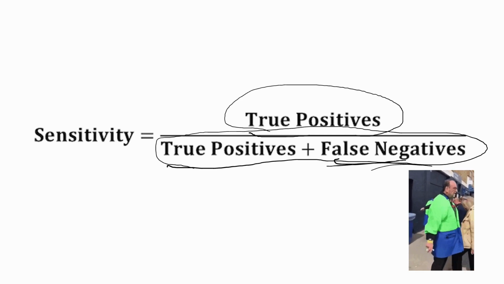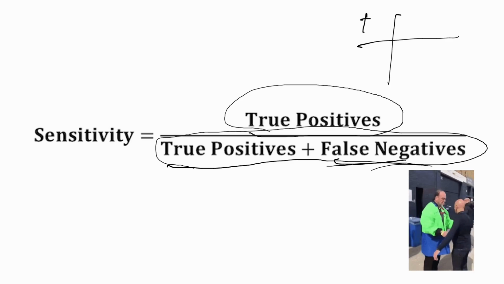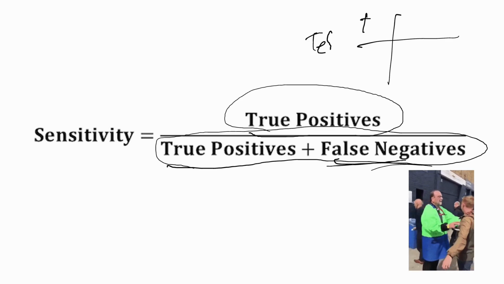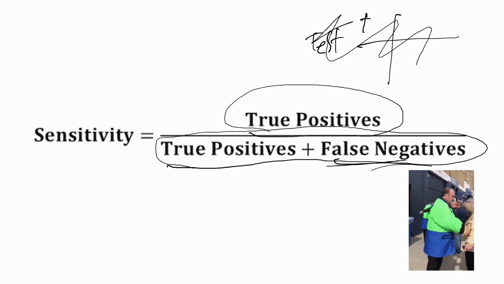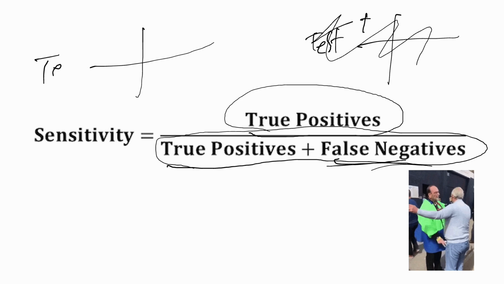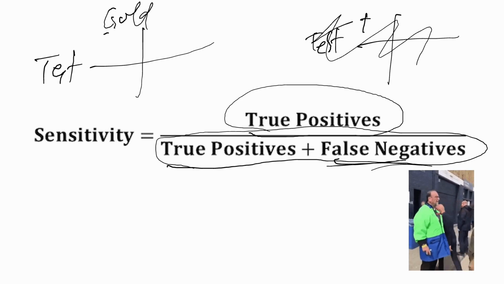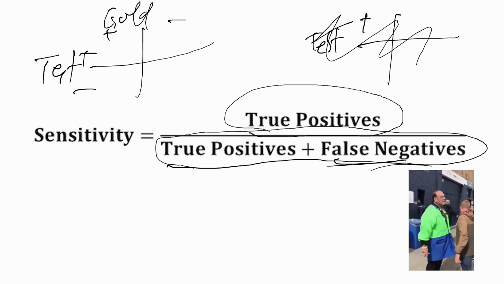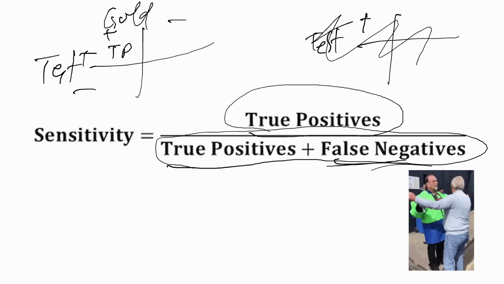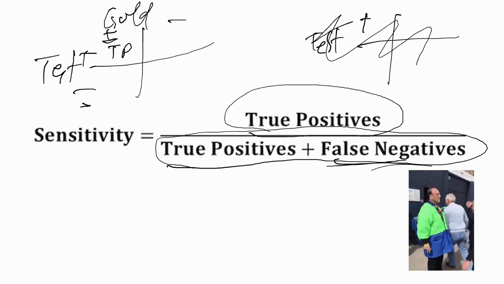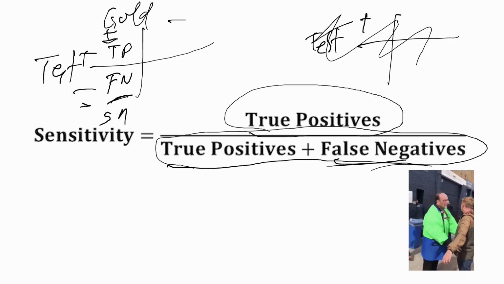So if you remember where the false negatives were on our 2x2 table, test is on the y-axis, gold standard on the x-axis. When we have positive and positive, we have our true positives here. And when we have positive by the gold standard but negative by our test, then we have our false negatives. So this is where our sensitivity can be found.